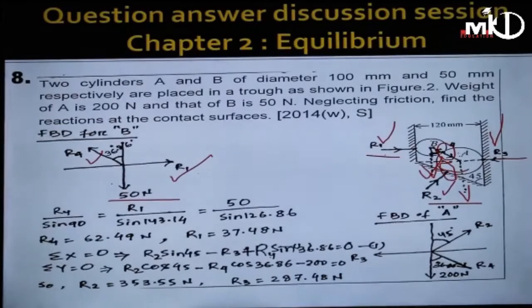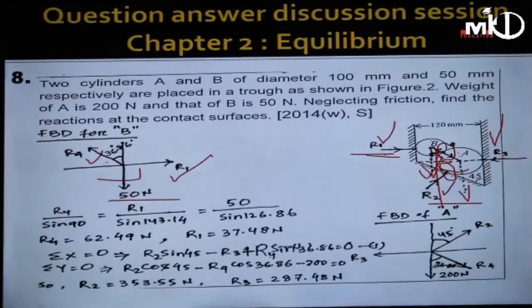So 3 forces are there, out of which 50 Newton is known, so we can easily find R1 and R4 by using Lami's theorem. R4 divided by sin 90, because R1 is horizontal and the weight is vertical, so the angle is 90 degrees. So R4 by sin 90 equal to R1. R1 is the horizontal force. This is 36.8.